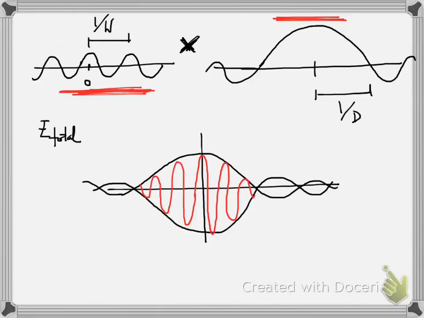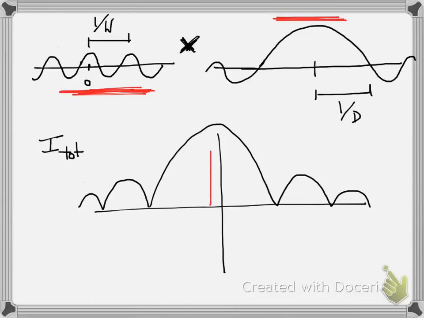And then if I want to know I total, I just square it. And so I get a total intensity that looks like this, where again the black curve is just for reference and the intensity field is this red curve.